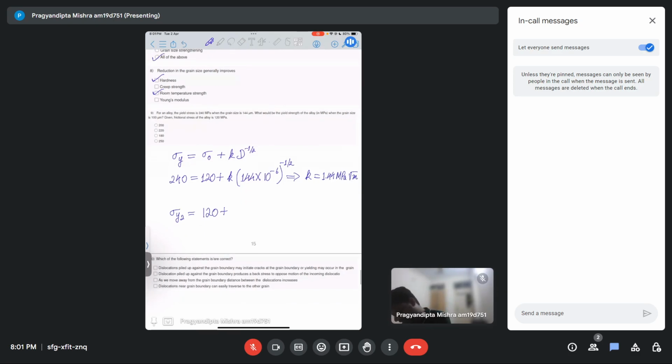Now using this, we can substitute it back: 1.44 into 100 into 10 power minus 6, to the power minus half, to get our new yield strength value. Let me just calculate the value for you.